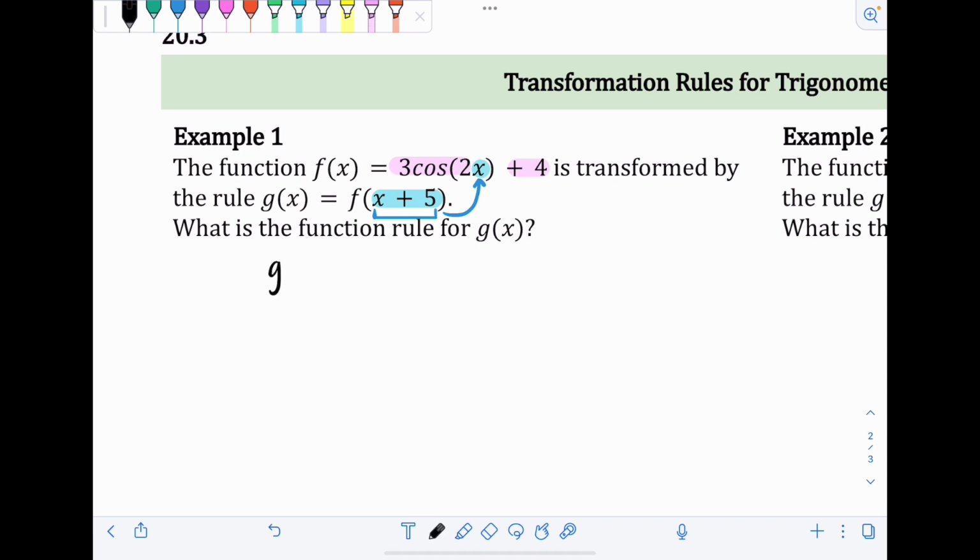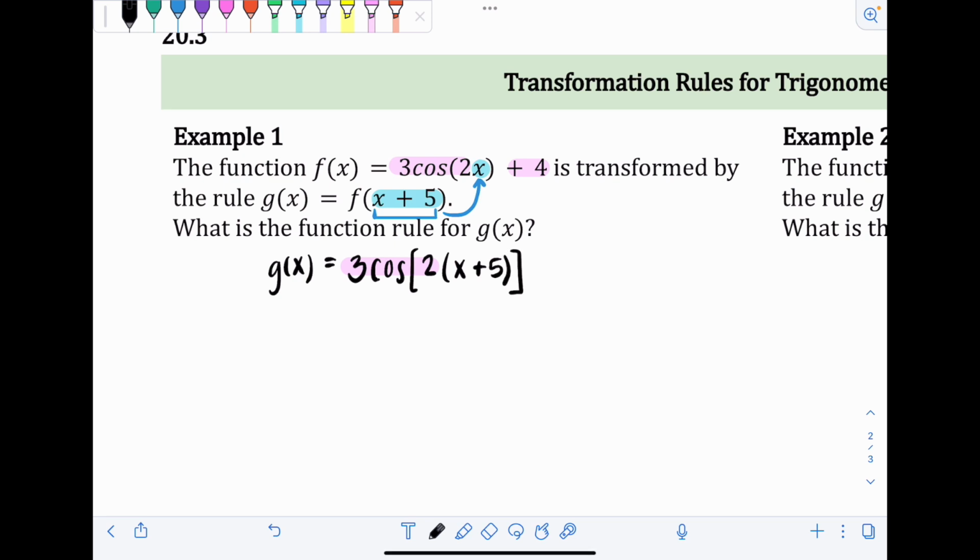So it'd be g of x equals 3 cosine, and then parentheses 2, and actually if you want to use brackets for now, it might help keep it a little cleaner. So brackets, and then there's the 2. Up until now, we've just done 3 cosine of 2, and now we've gone to the x part, so we're going to put in the x plus 5.